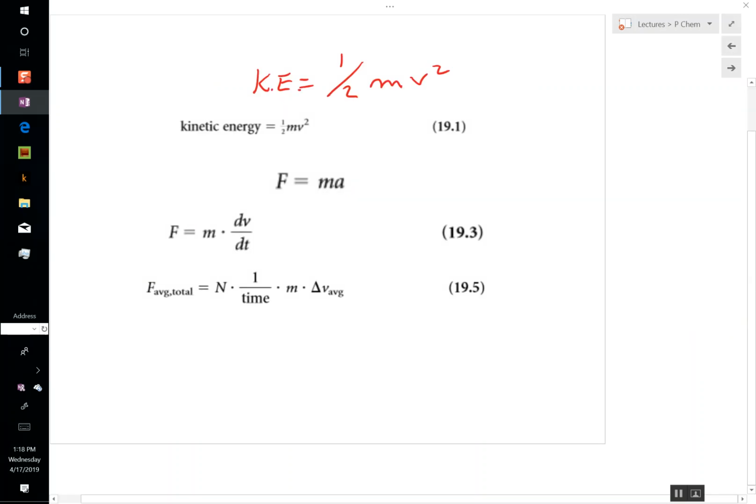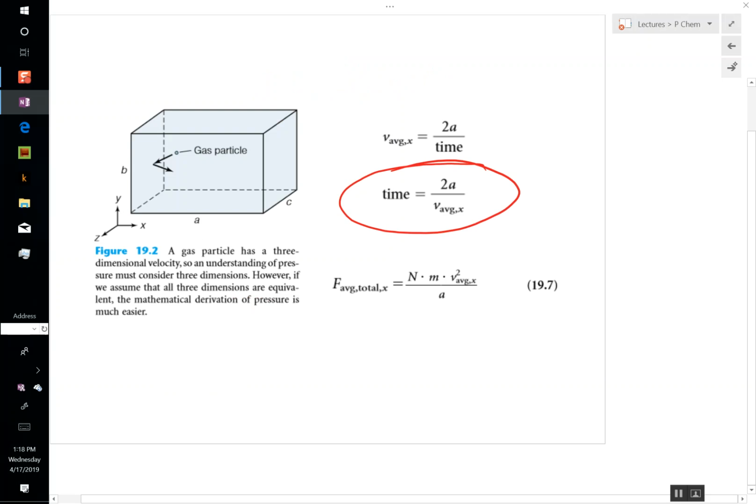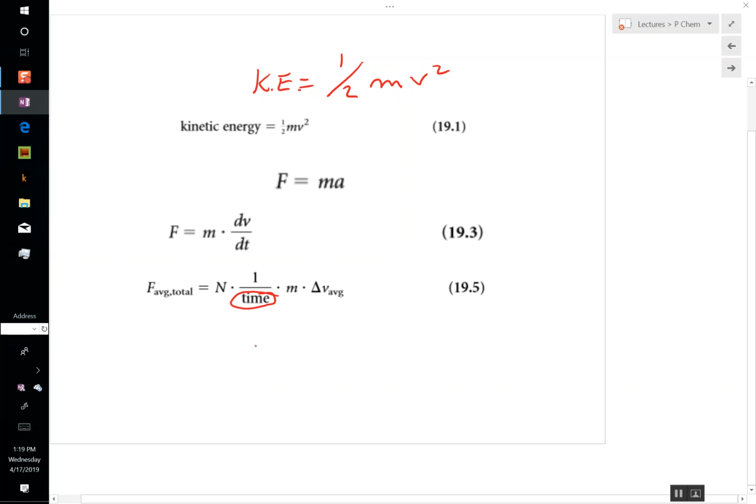Okay, notice we've squared this now. Why did we square that? Look at that for a second. Here's the previous. We got time here. And if we take that relationship for time and plug it in right here, so time is 1 over 2a delta v average times m times delta v average times n.